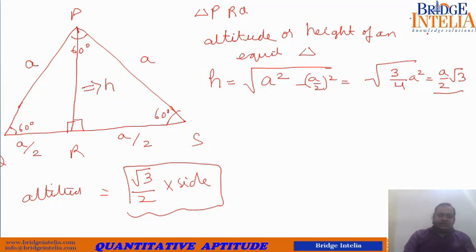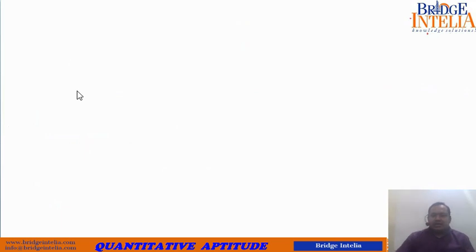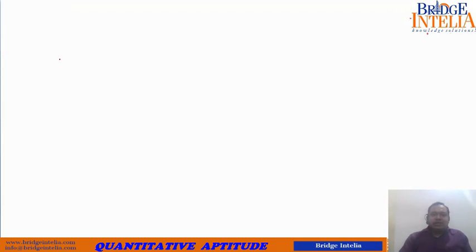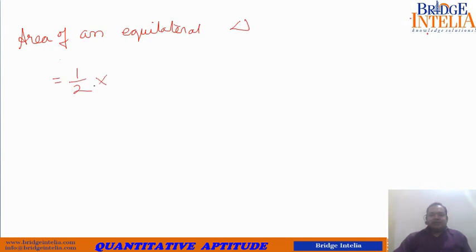So from this you can immediately find out another formula. You can create a formula for yourself, and that formula is the formula for the area of an equilateral triangle. So area of an equilateral triangle will be equal to what? Half into base into height.